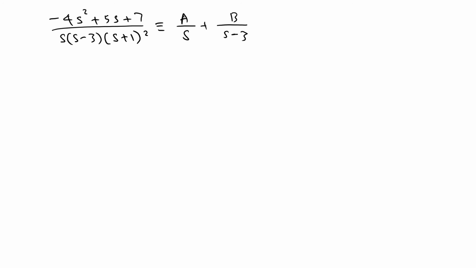So this is the repeated root situation. That means C over s plus 1, and then D over (s plus 1) squared. We don't write Ds plus E, because when you repeat, it's going to follow the format of the smaller one.